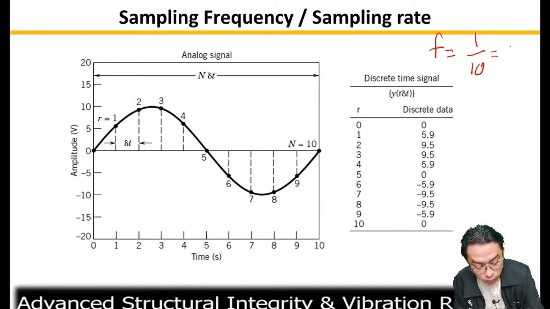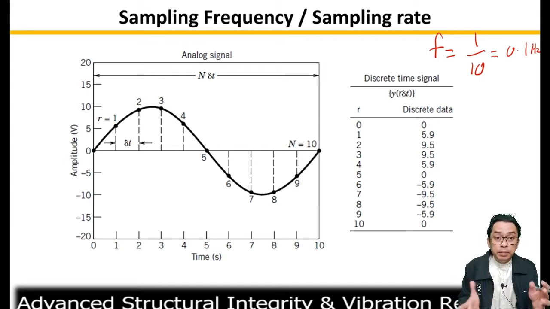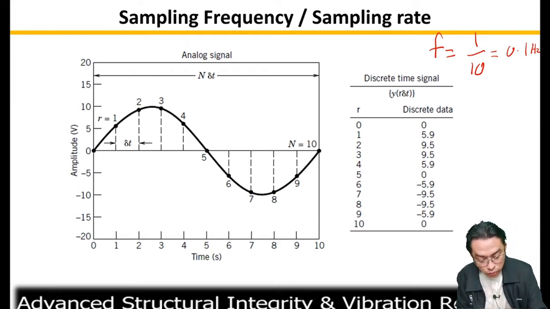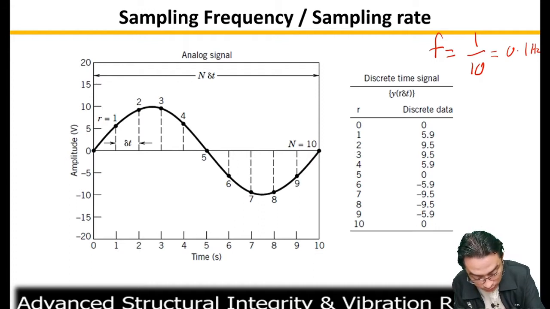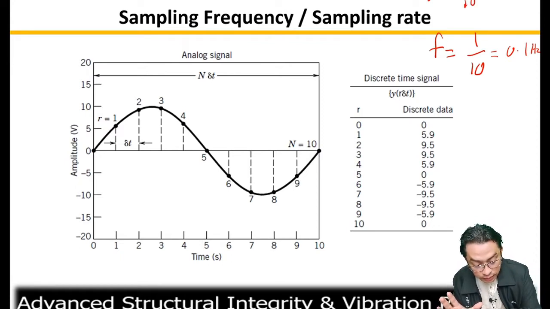So we have a 0.1 Hertz signal, and then it is sampled with 10 samples per 10 seconds. So we have Fs, sorry, I wrote it up here, 10 samples over 10 seconds. So it means that the sampling rate is 1 Hertz.